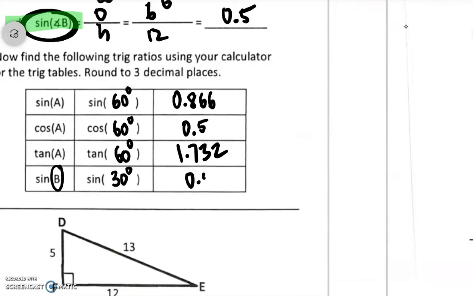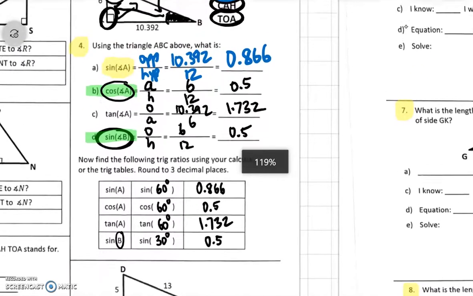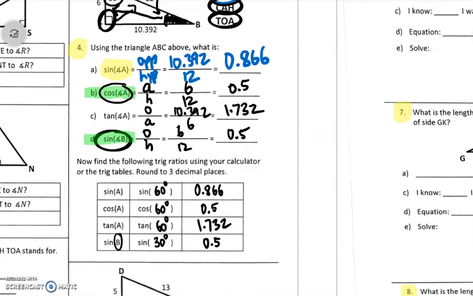And notice how these are going to match up with what we just looked at above, right? The sine of angle A, see, 0.866. So notice how the sine of 60 degrees is equal to that ratio. It's just dividing the sides, right? This one matches. So cosine 60 is the same as adjacent over hypotenuse, 1.732. Notice how that's the same.